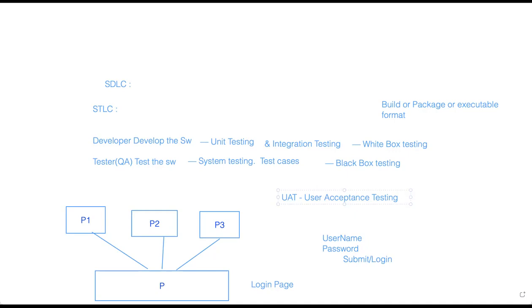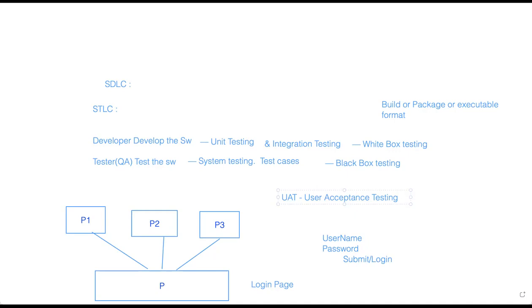During the testing environment, the testing team will be involved to perform testing on the application as per the client requirement, right? After successful completion of the testing, the testing team will give the confirmation to the development team. Based on that confirmation, the development team will deploy the application into the UAT environment.